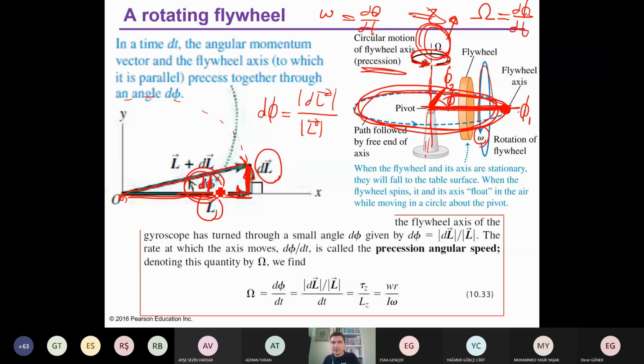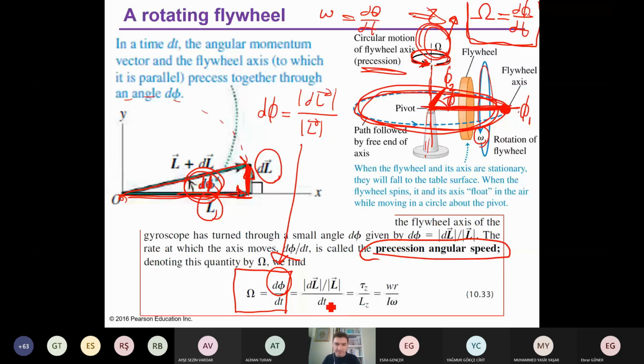Okay, then this angular speed is given with this expression on the right top corner. Just use it here. Precession angular speed is given with d phi over dt. Instead of d phi, just use this expression. And then here we have this one. So what do you see here? dL over L over dt.